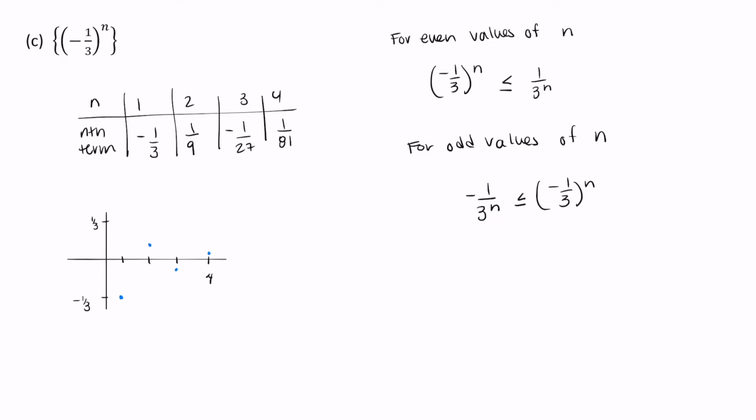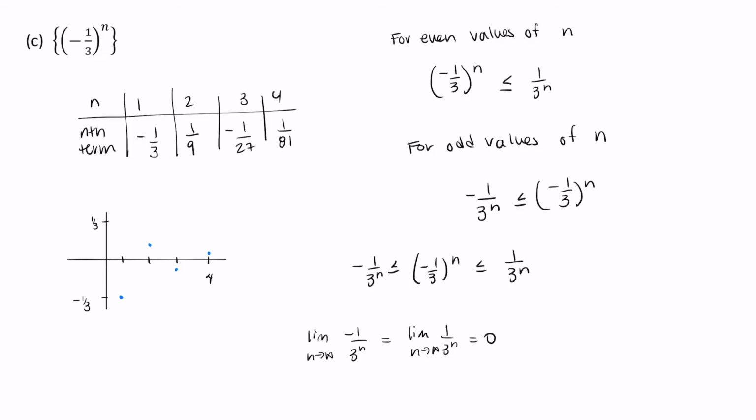Now how can we use this to our advantage? Let's rewrite this. We have negative 1/3 to the n is less than or equal to negative 1/3 to the n is less than or equal to 1/3 to the nth power. And notice that the limit as n approaches infinity of negative 1/3 to the n is actually equal to the limit of 1/3 to the n as n approaches infinity.